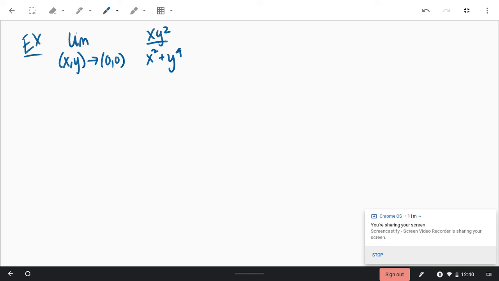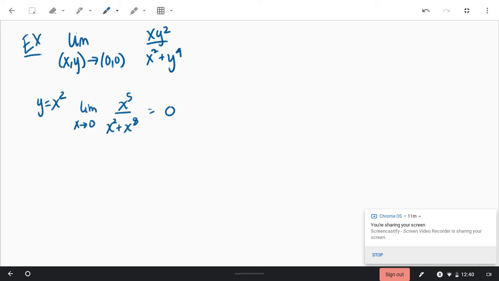Okay, so you're going to get a lot of zeros if you try the ones that we've done already. Now, if you do along y equals x squared, you're also going to get 0, right? If y equals x squared, then you would have x to the fifth over x squared plus x to the eighth. So the limit of that as x goes to 0 is also 0 because of your leading terms.